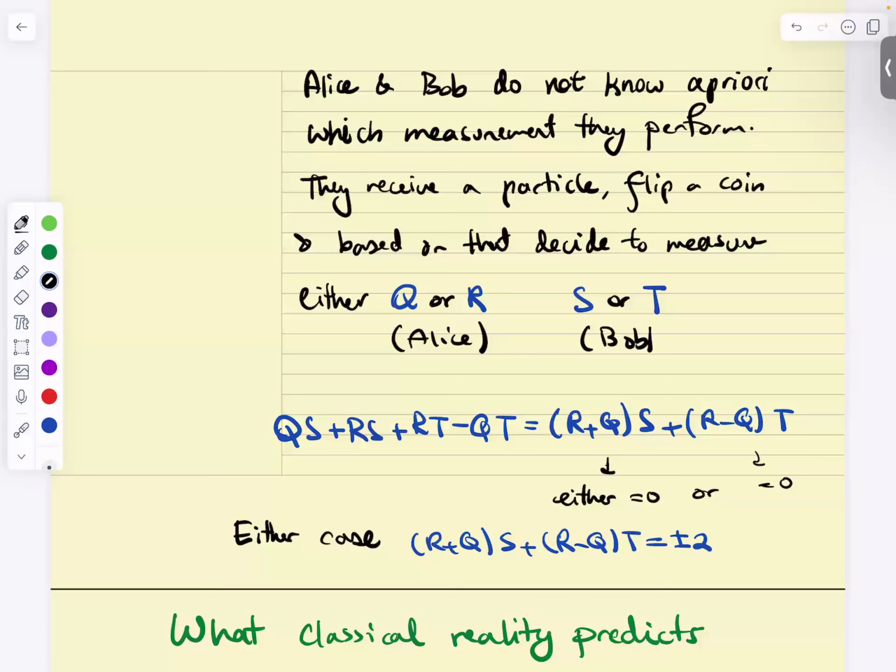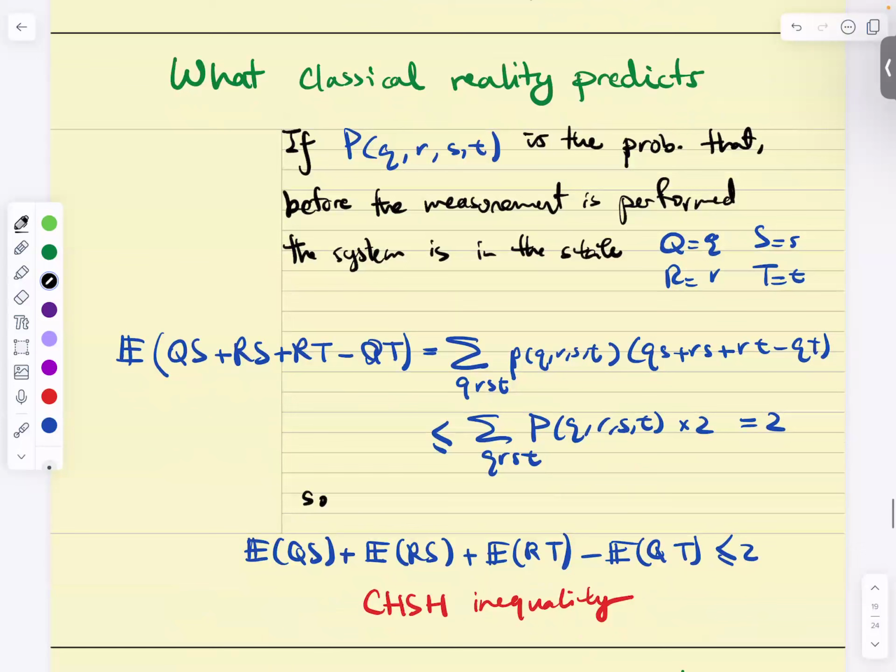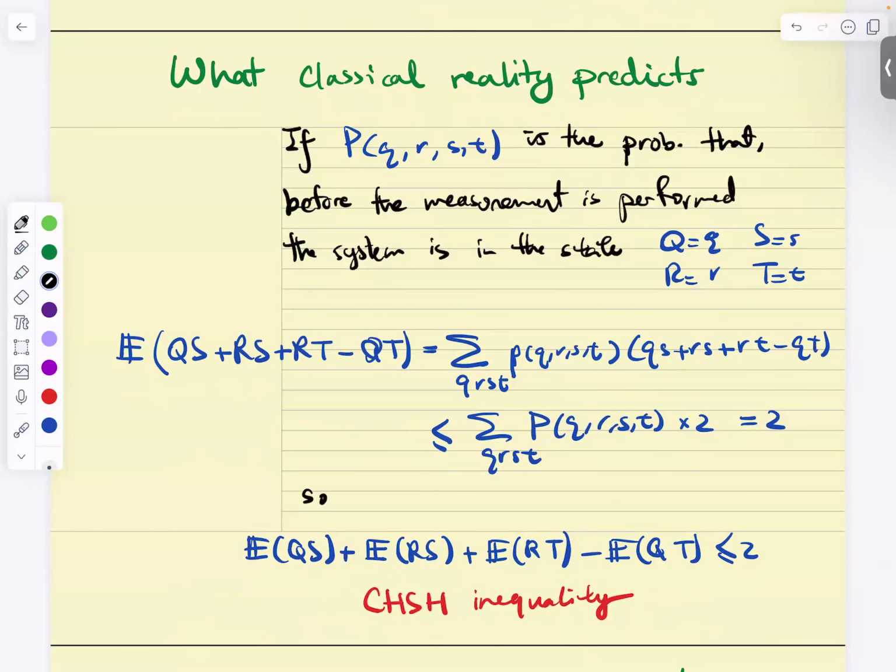All right. So now let's say what classical reality predicts. Classical reality says that in the experiment we just designed, when they flip coins, the value of whether Q is plus or minus 1, I'm going to call this variable little q, this variable little r, this variable little s, this variable little t. I could use the capital letters as well, but that's usually conventional.